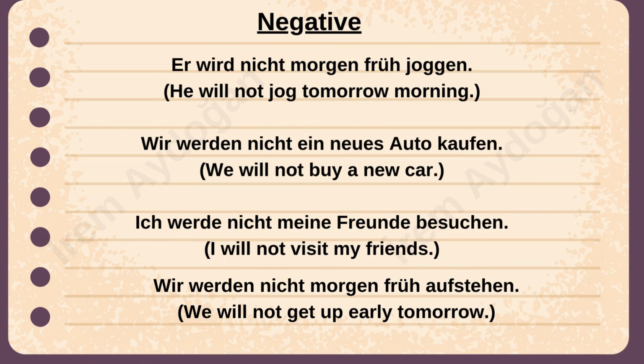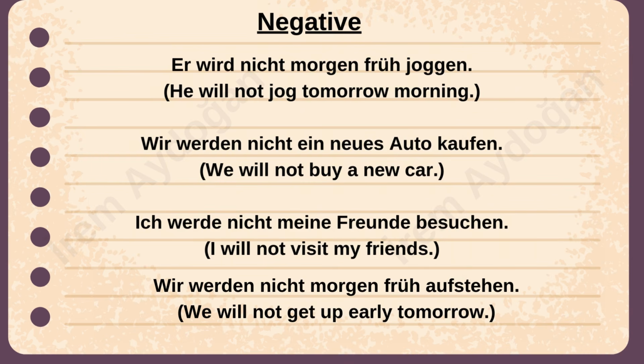Wir werden nicht ein neues Auto kaufen. We will not buy a new car. Ich werde nicht meine Freunde besuchen. I will not visit my friends. Wir werden nicht morgen früh aufstehen. We will not get up early tomorrow.